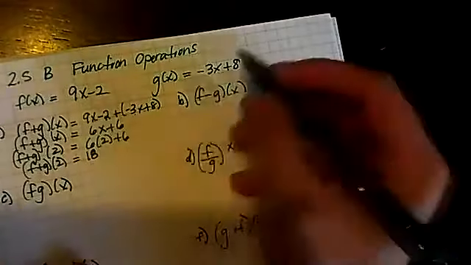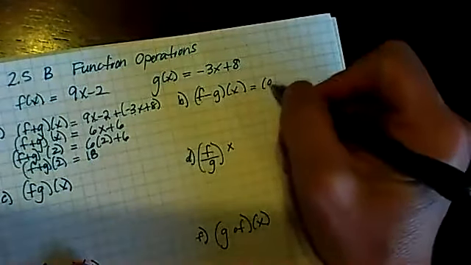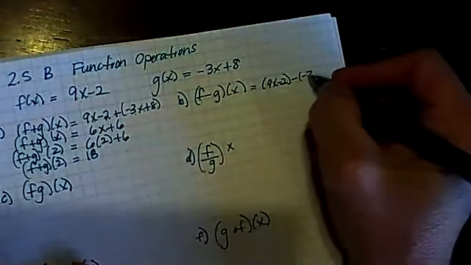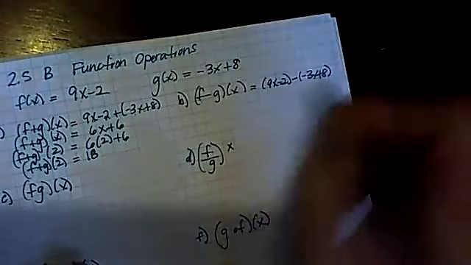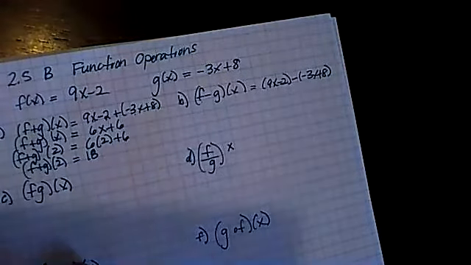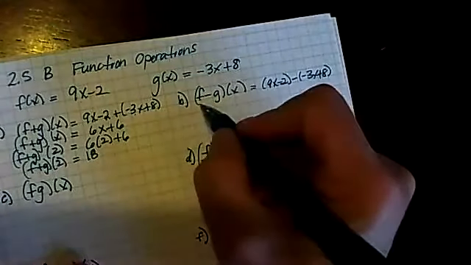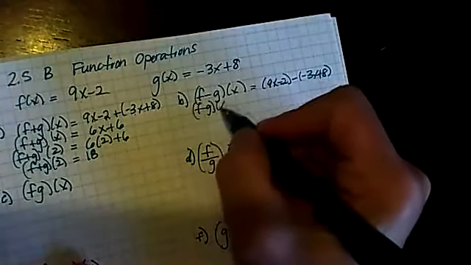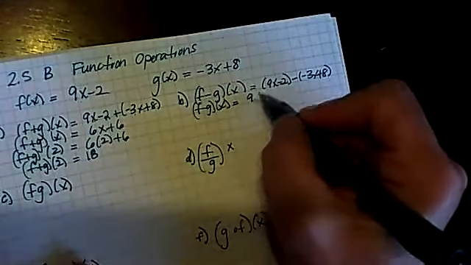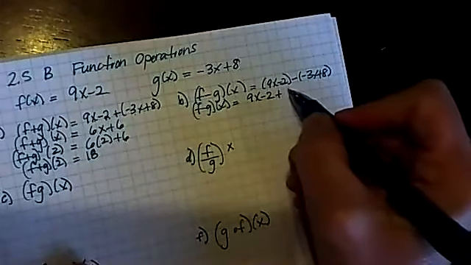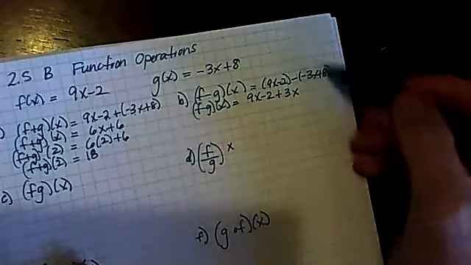So let's take f. This is going to equal f, which is 9x minus 2, I'll just put it in parentheses, minus a negative 3x plus 8. What I have to be cautious of is distributing this negative through. So we're going to be left with 9x minus 2 plus, that becomes a plus 3x, and this becomes a minus 8.